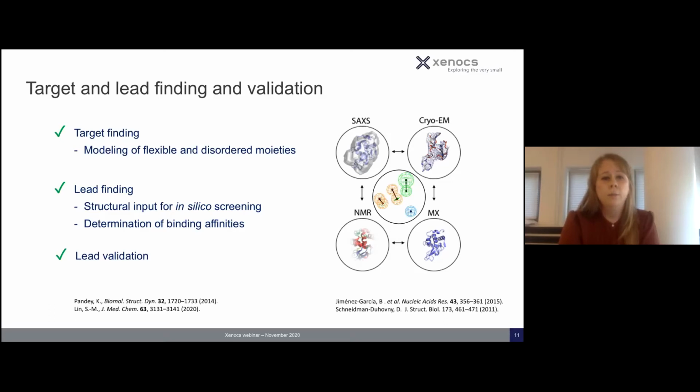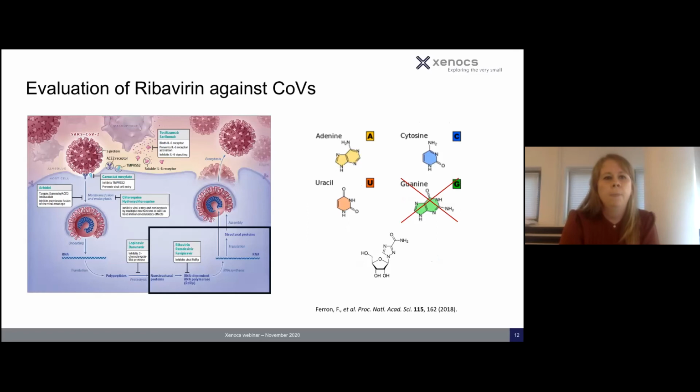And vice versa, in silico modeling can also provide structural details for 3D modeling with SAXS. And finally, as we'll see in the next slide, SAXS can also help with lead validation.